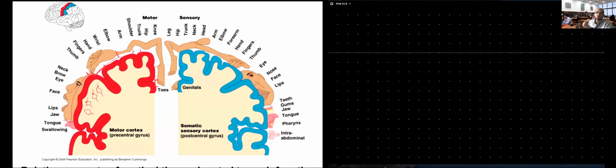So if you wanted to buy a new shirt or a dress and you want to feel how good is the texture, would you touch it with your fingertips or would you touch it with your back?